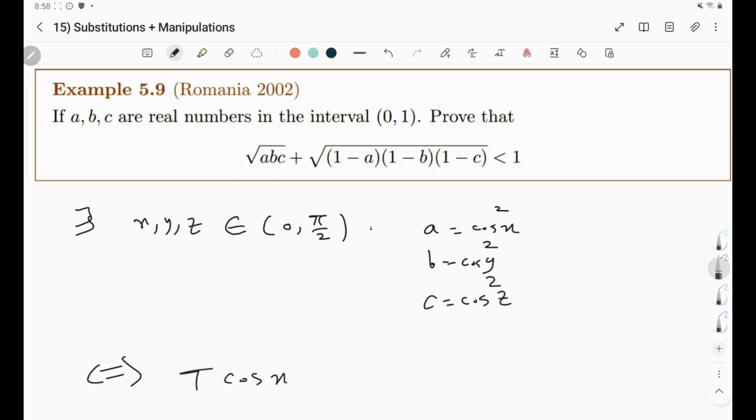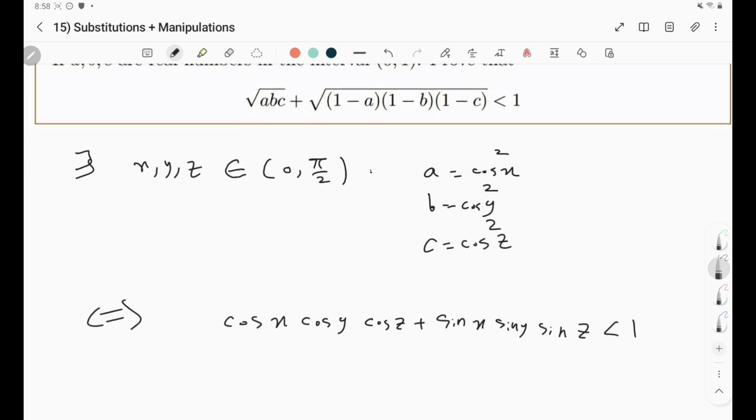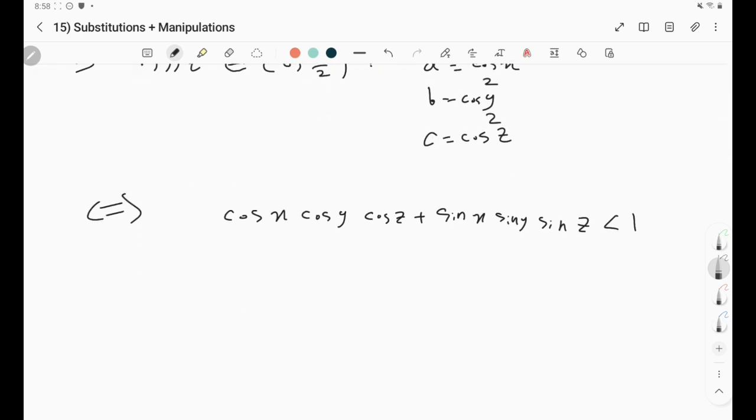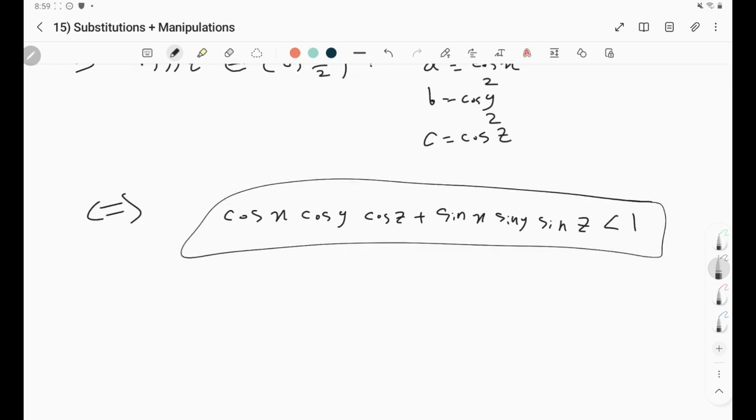So it's the product of cosines, cosine x, cosine y, cosine z, plus this thing, as we said, 1 minus cosine squared is sine squared, so it's just the product of the sines. And we need to show this thing is less than 1. As you can see now, we got rid of this condition, we got rid of everything, even this has become way nicer. So this is what we call a magical substitution.